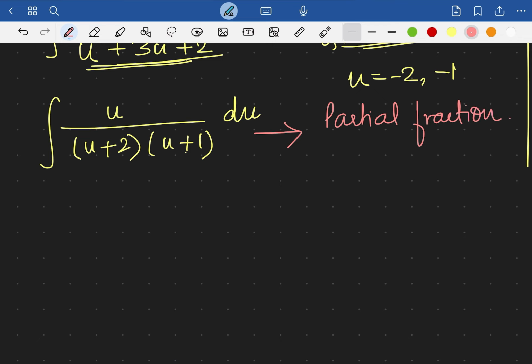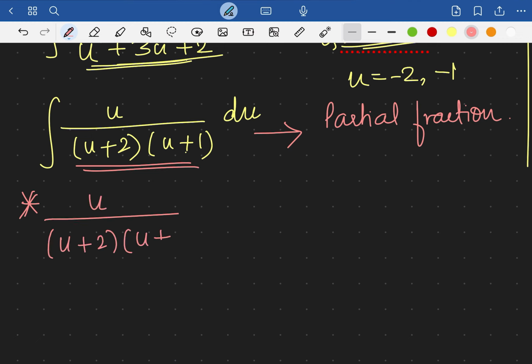Hence, I will have to solve this separately. I can see the denominator is in linear form. So I can write this as u over u plus 2 times u plus 1 is equal to a over u plus 2 plus b over u plus 1.